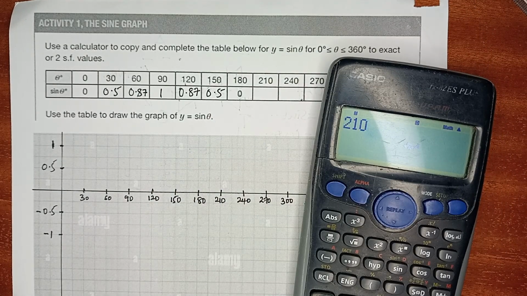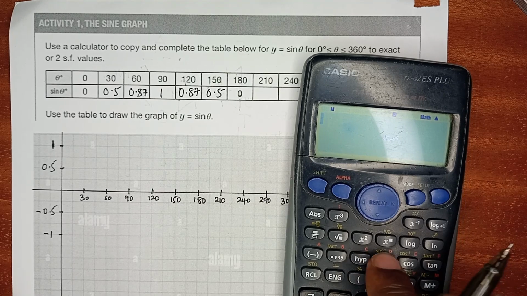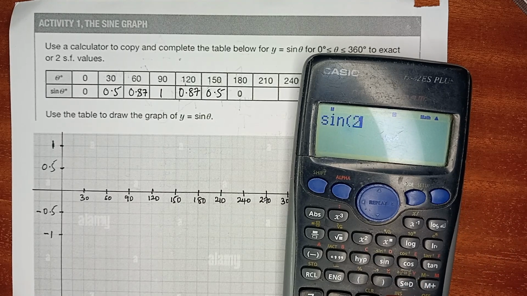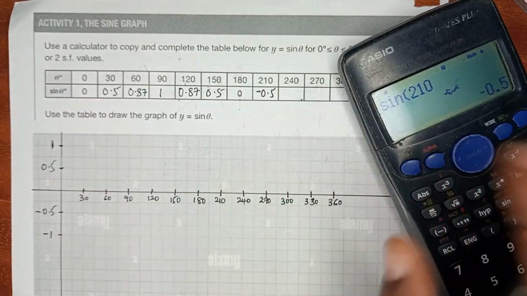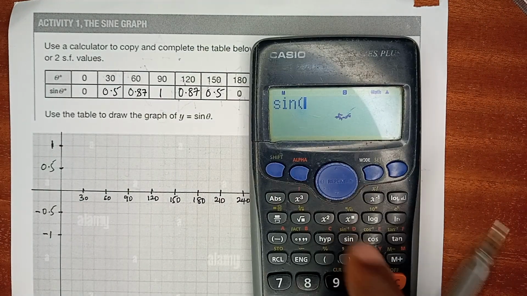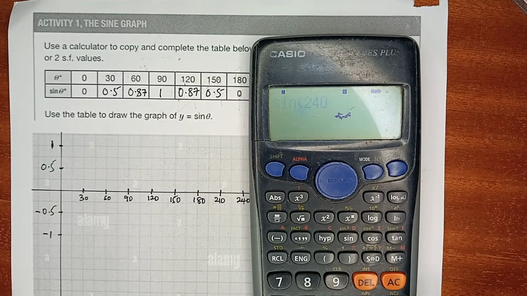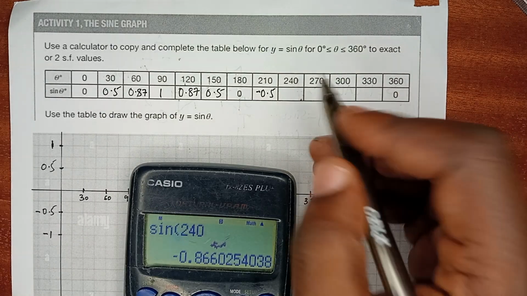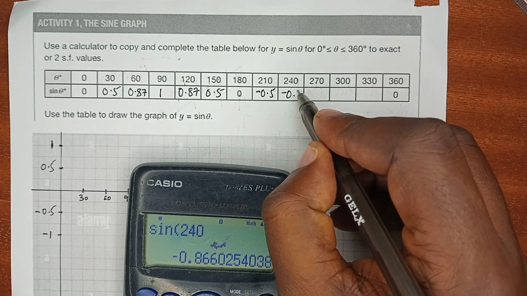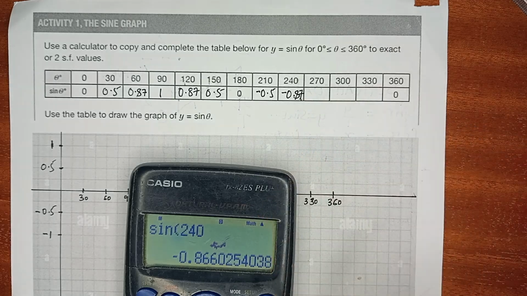We now get into the third quadrant. The sine of 210 has to be negative 0.5. The sine of 240 degrees is negative 0.87.